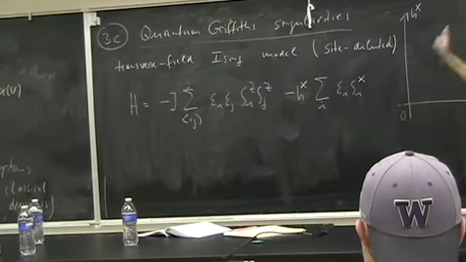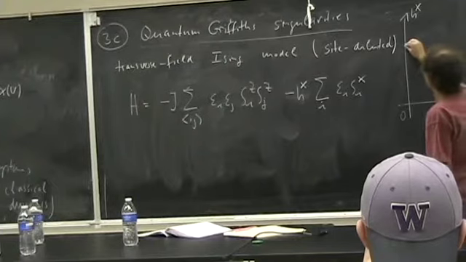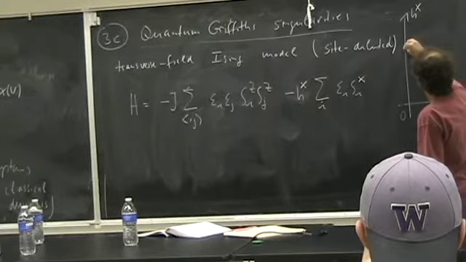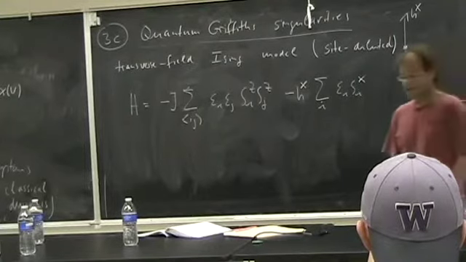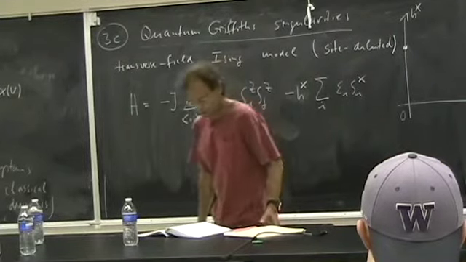So now let's fill in the phase diagram. Let's start with the clean case. What should I do on the clean side, on the y-axis here? There's some critical value for the transverse field strength.